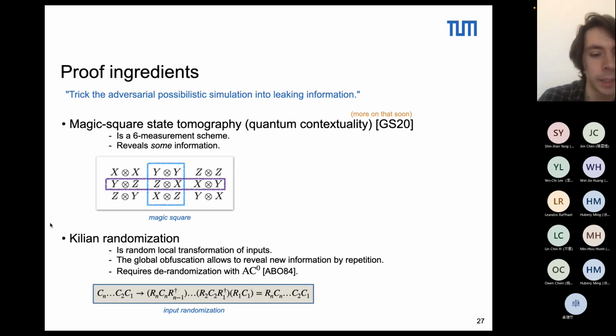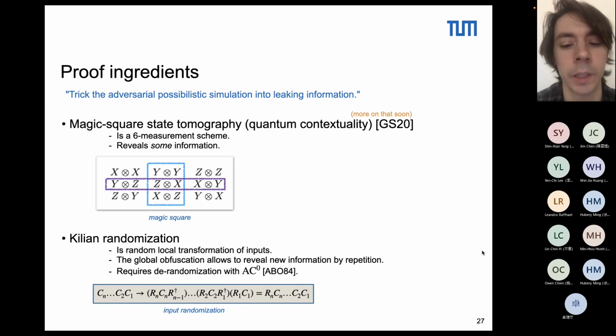I won't explain in detail how this transformation works, but basically it's given by this equation, where we are changing each input locally. We do some transformation, but it allows us, in AC0, to still be able to track the change. But for the NC0 circuit, it's going to be impossible to tell.